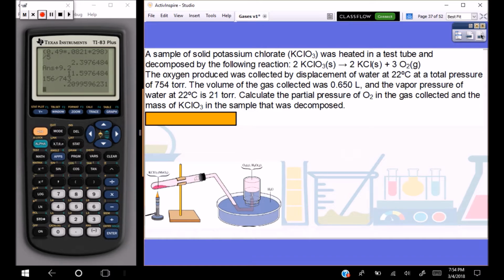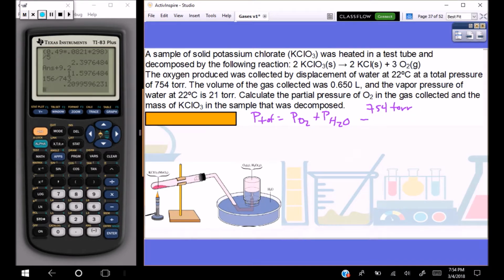So the good news is partial pressure is the easiest part, okay? Not vapor pressure, partial pressure. So we know that our total pressure is going to be equal to the pressure of oxygen plus the pressure of water when we're talking vapor pressure. We're given our total pressure at 754 torr.